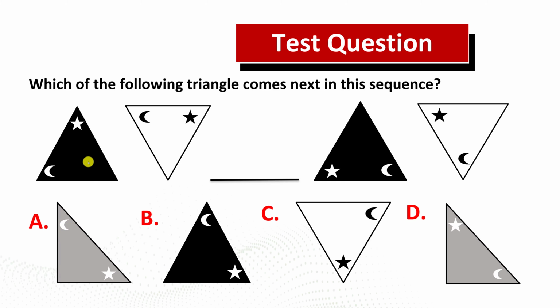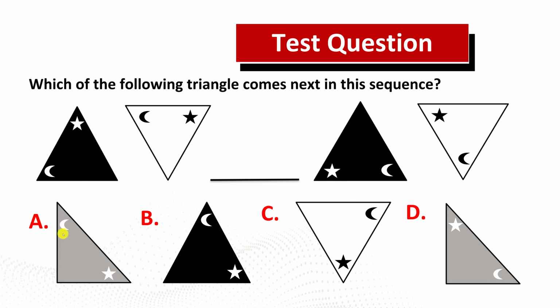And this is where the pattern of colors comes in to help us. If we imagine that there is a bigger pattern of colors where you have black, white, gray, and gray triangles may not be represented in the picture yet, we can see that choice A makes sense because this would be adding a gray triangle into the pattern of black and white triangles.